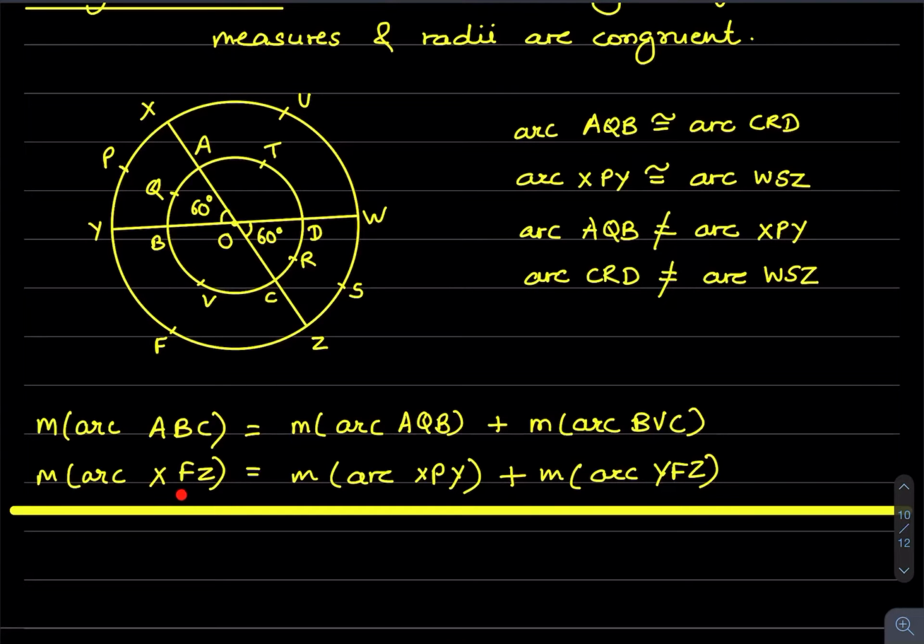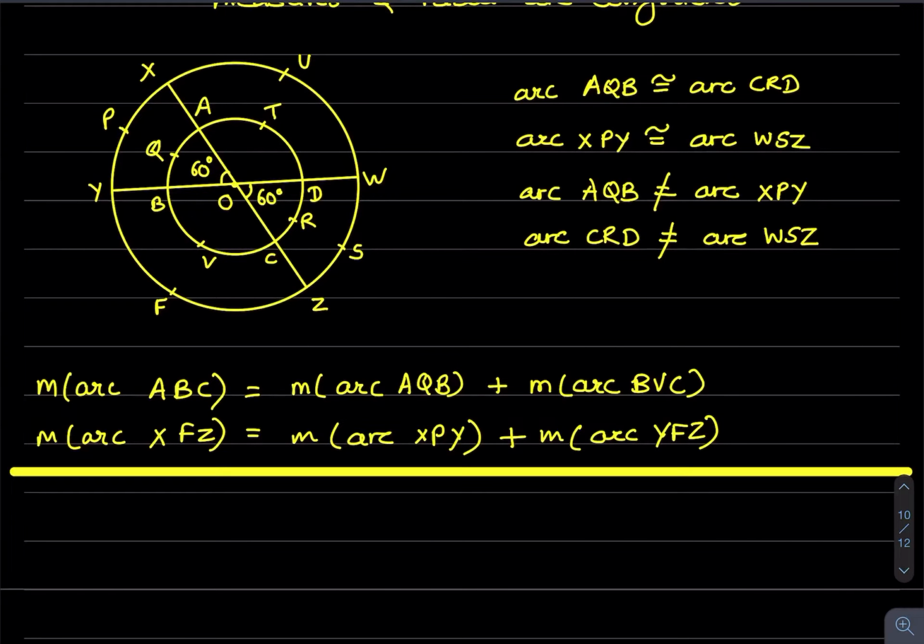Similarly for major arc XFZ, you can take the measure of arc XPY plus the measure of this arc. So in order to find the measure of a bigger arc, you can add up the small arcs' measures and find out the bigger arc's measure.